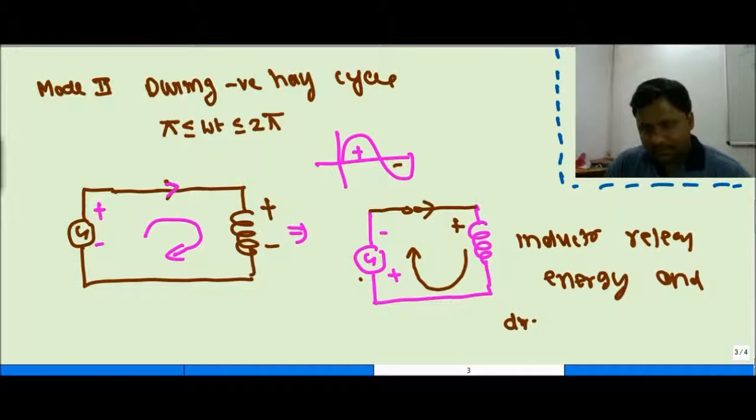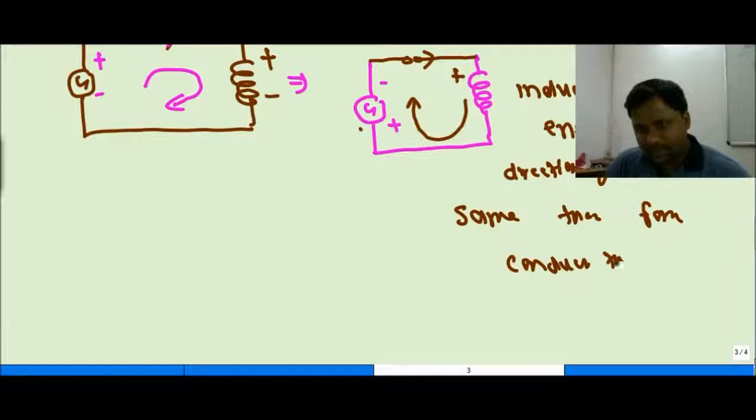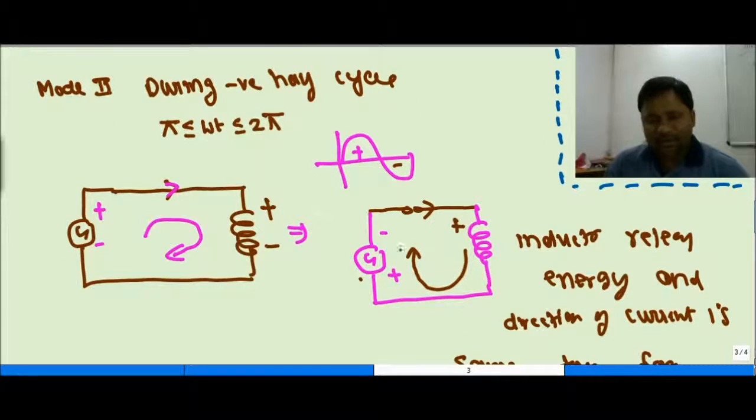During the negative half cycle, the diode is automatically switched on because the inductor releases the energy in the same direction in order to maintain the same current. We are just applying the KVL rule here.